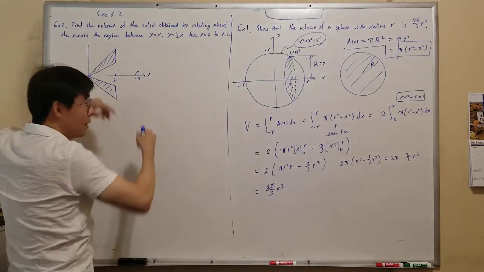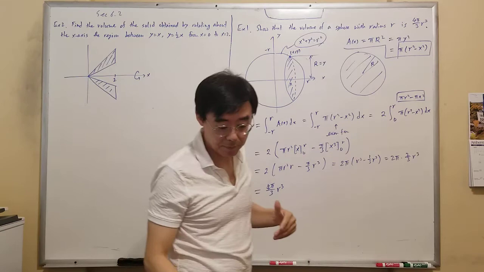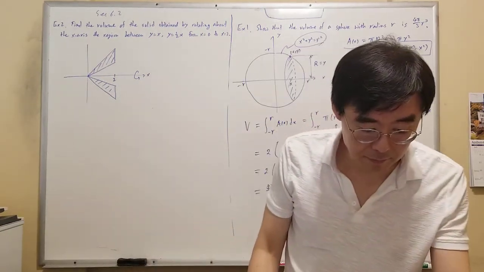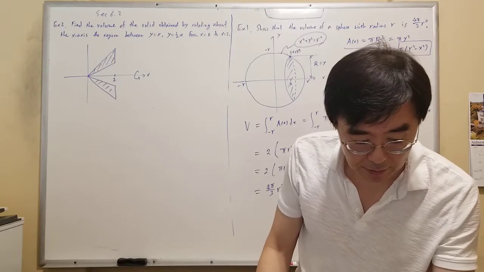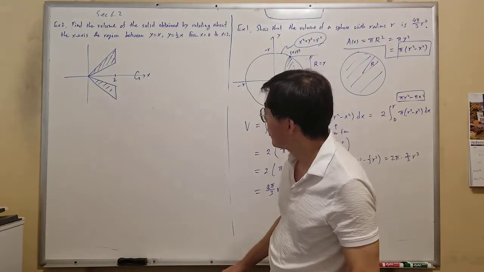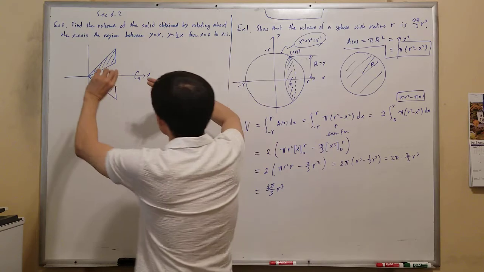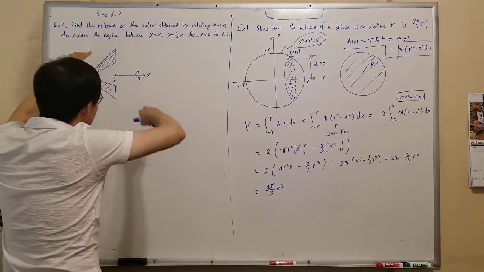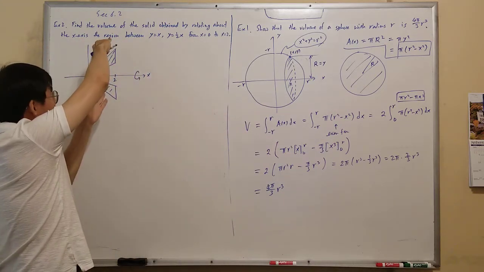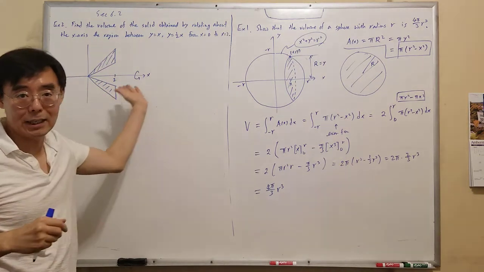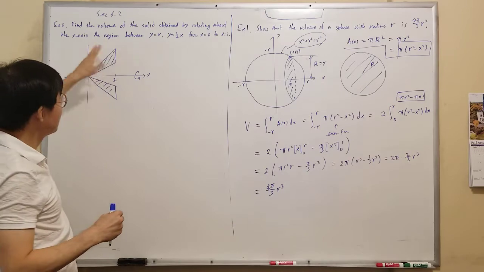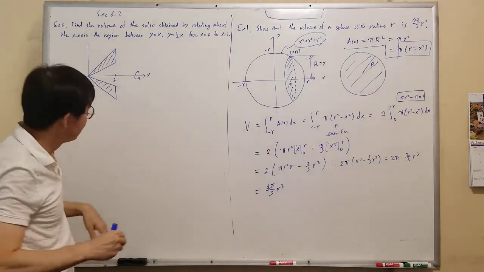That's going to be the shape. So you can imagine things rotating around this. It's going to be the outside cone, and then you take out the sharper inner cone from the solid. That's the remaining solid.